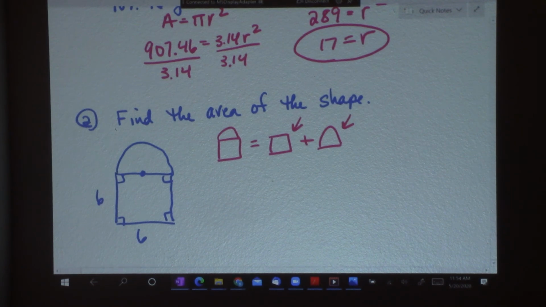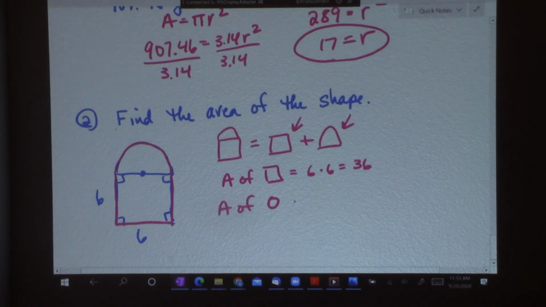My whole shape I can break up into two things that I recognize, which are a square and a semicircle. The area of the square is going to be 6 times 6, which is 36. That's pretty easy.